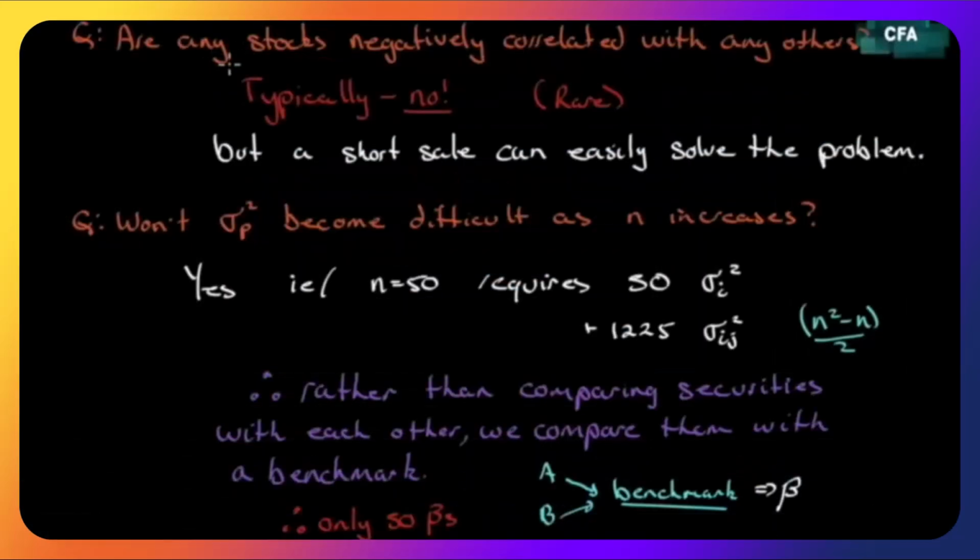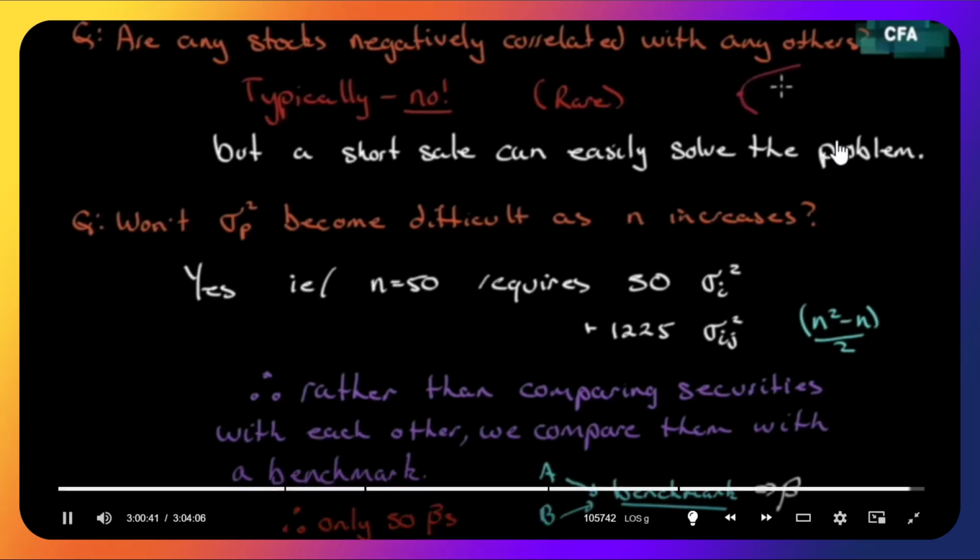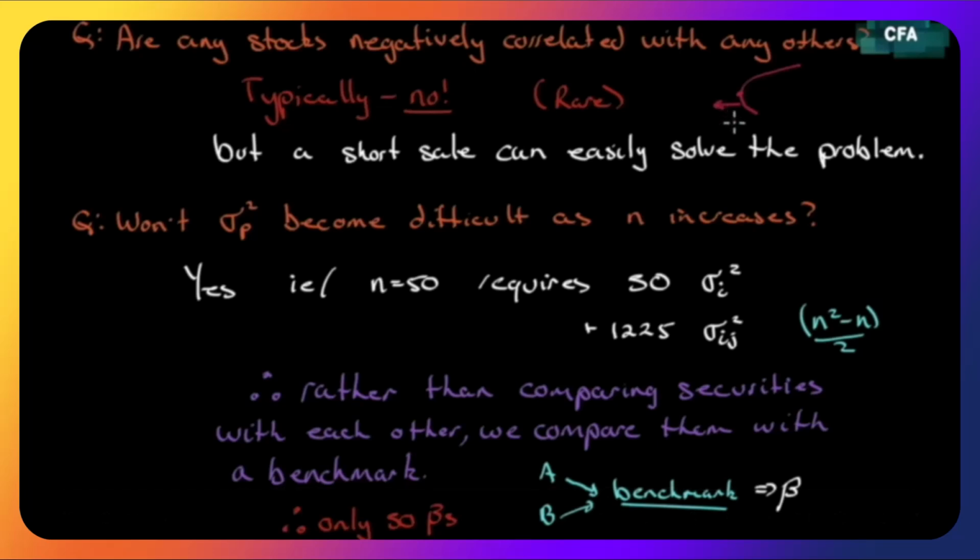The next question actually is a very good question. Are any stocks negatively correlated with any others? And when we talked about the risky portfolio, or the portfolio of risky assets only, that's that efficient frontier, or the minimum variance frontier. There's our global minimum. There's the efficient part. We were saying that if we can find stocks that have very low correlation with each other, we can move this way on our total portfolio variance until we get to negatively correlated assets, which will push it even more.